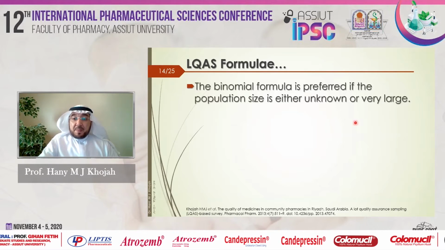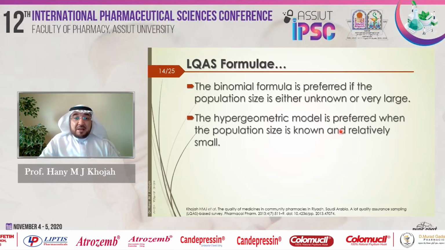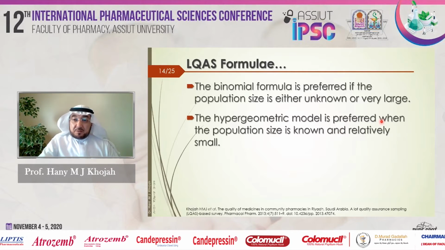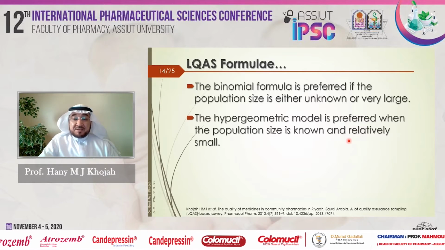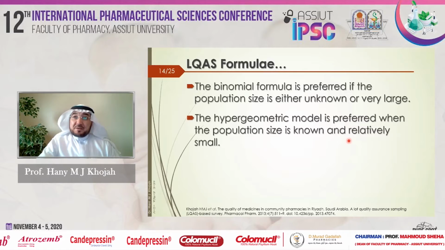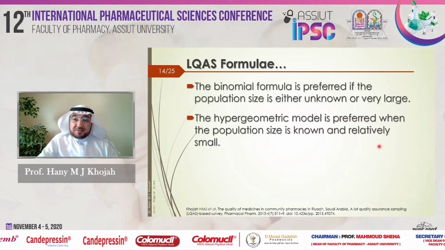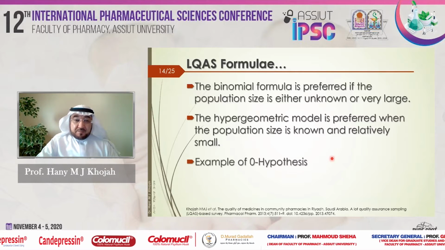So in this case, it's better to use the binomial formula. While the hypergeometric model is preferred to be used if you know the population size, and if it's relatively small, we are talking about, let's say, hundreds maybe. So it's good to use it.